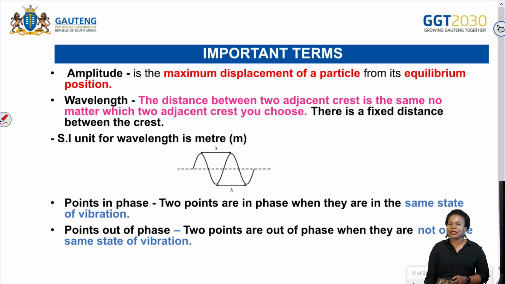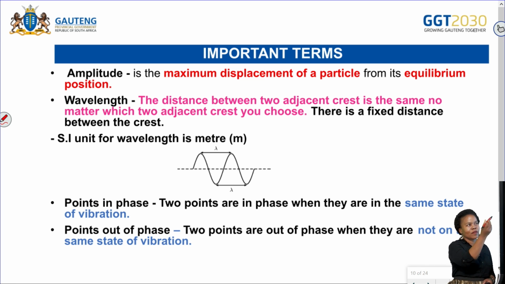And the wavelength, the distance between two adjacent crests, is the same no matter which adjacent crest you choose. Okay, let's put it in practice. So here's your crest, and here is your crest over here.